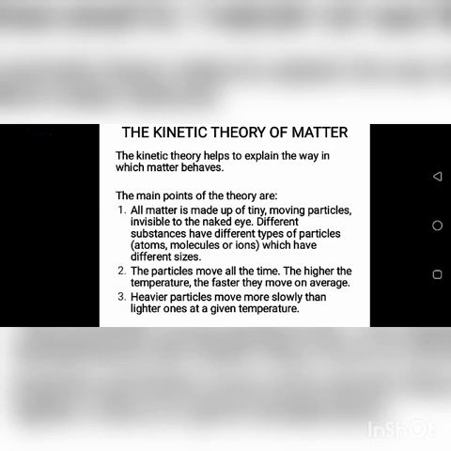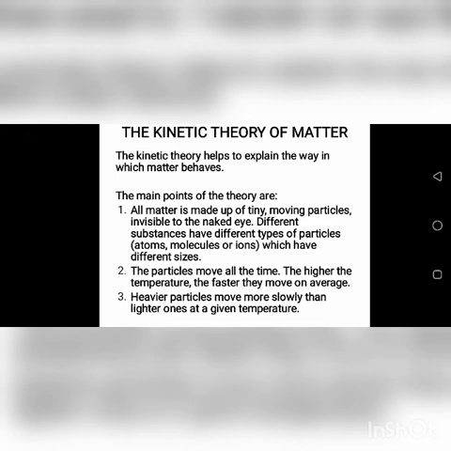So the water you are seeing is made up of particles that you cannot see. All matter consists of tiny moving particles. The particles may be atoms, molecules, or ions, and they are of different sizes.